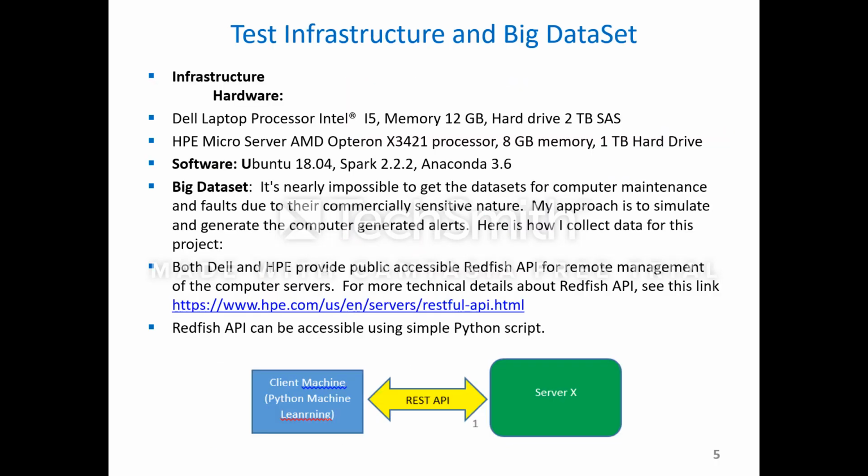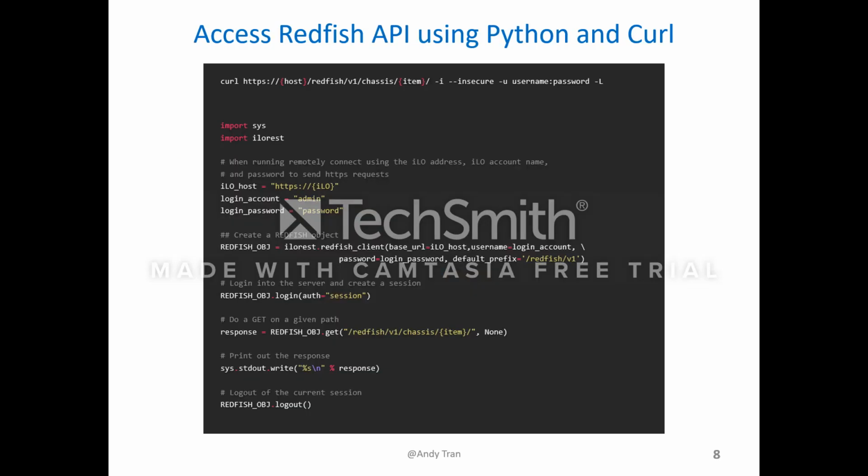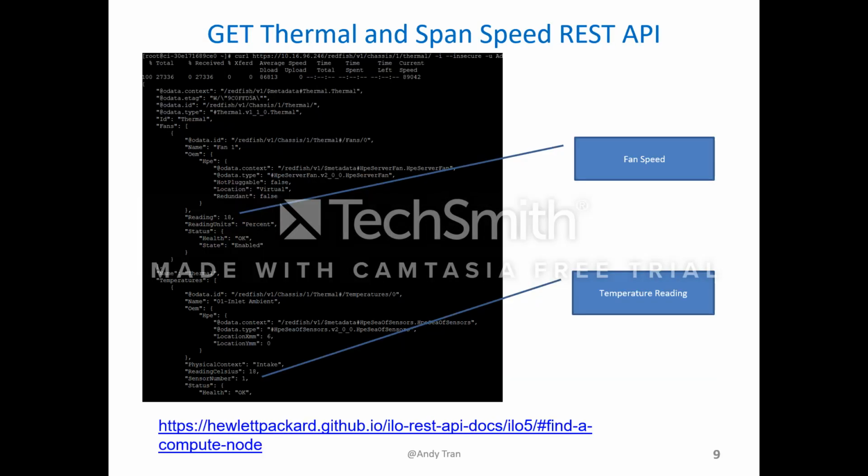It's fully documented on the DMTF Redfish API website listed here, or you can go to a vendor like Hewlett Packard or Dell. They have pages that fully document how you can access the data from the servers. You can build your own monitoring system, or do whatever you want, and the data is fully accessible.